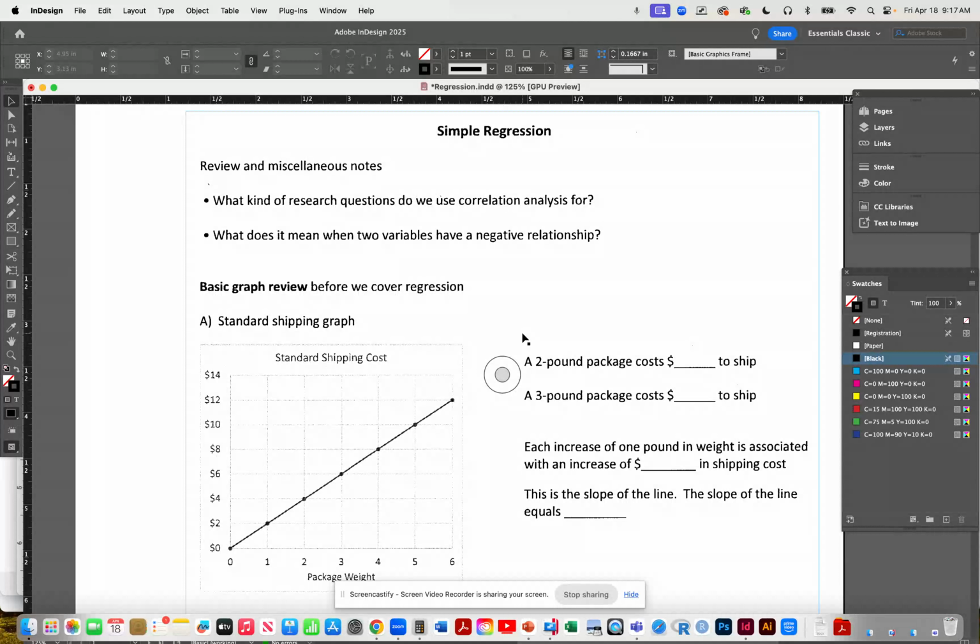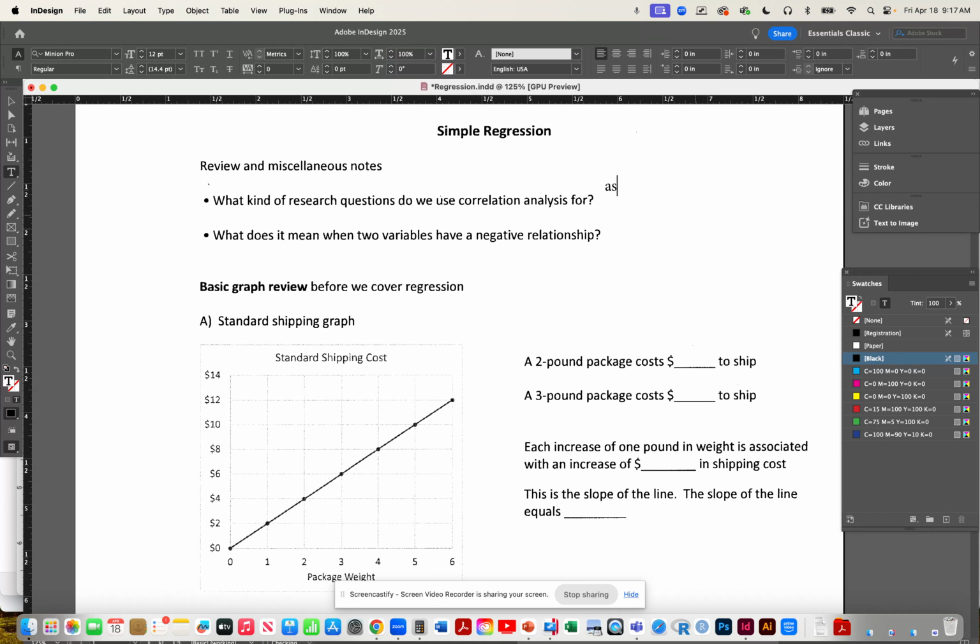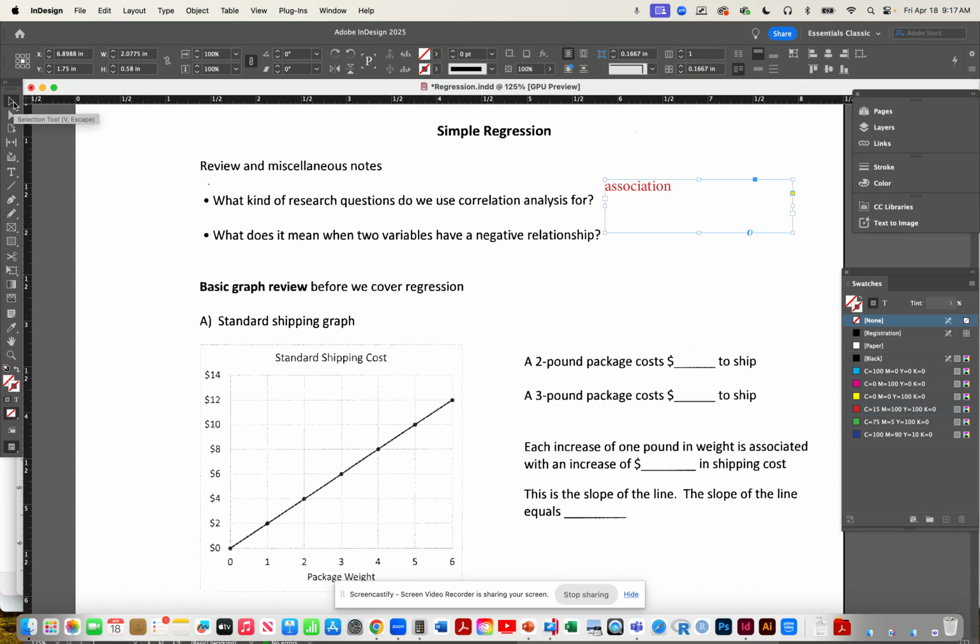What kind of research questions do we use correlation analysis for? If you recall, we used those for association research questions. It's whenever we want to know if there is some kind of association between variables. And when it came to correlation analysis, we needed to pay attention to the level of measurement of the variable, because that would determine what type of analysis to use.